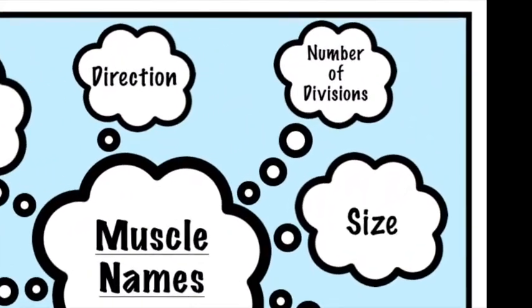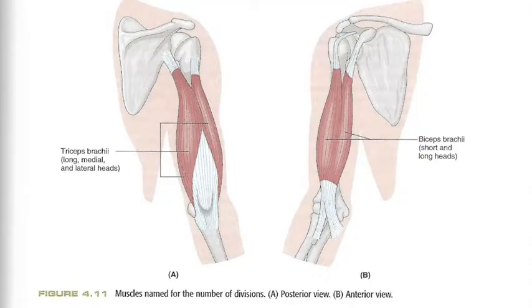Muscles named for number of divisions. Muscles may be named according to the number of divisions forming them. The biceps brachii, also known as the biceps muscle, is formed from two divisions, bi meaning two and ceps meaning head. This is the muscle of the anterior upper arm that flexes the elbow.